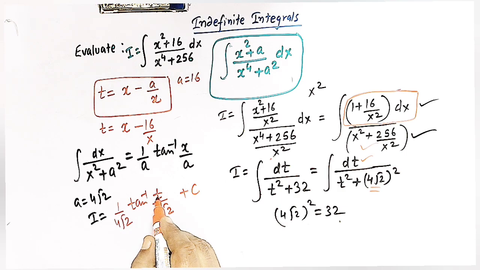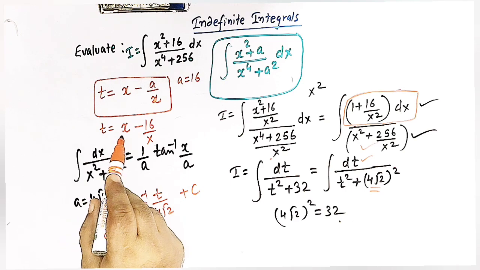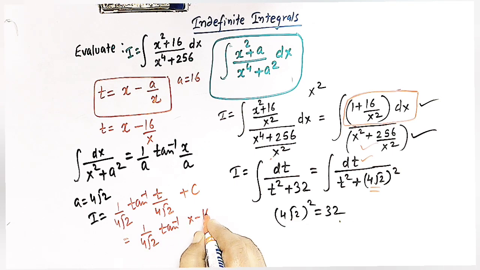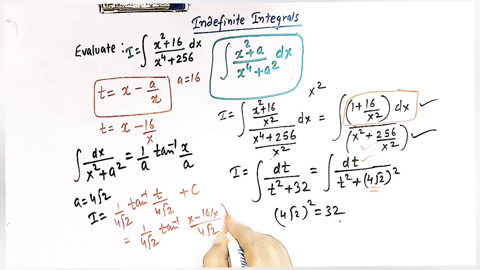Now again replacing this t by x minus 16 over x, we can now write 1 over 4 root 2 tan inverse (x minus 16 over x) divided by 4 root 2, and here c is the constant of integration.